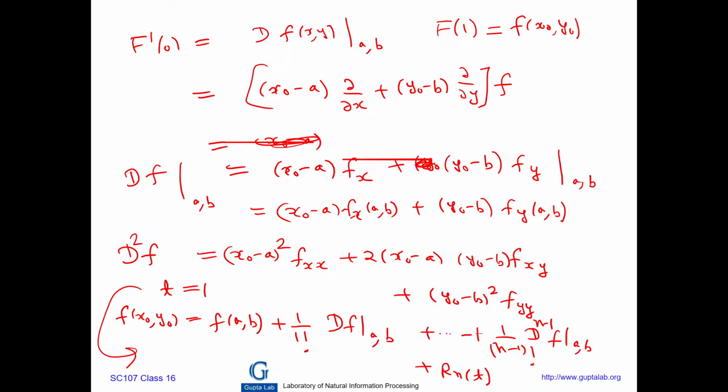Now the differentiation is with respect to t, so we need to take care of the derivative. We use the chain rule to find it in terms of x and y. We substituted those values, we computed that capital D kind of thing, right? So f dash of 0 is what, and so on and so forth, you can find everything. And so we have got the whole series expansion, right? The way you want it. It's not very difficult.